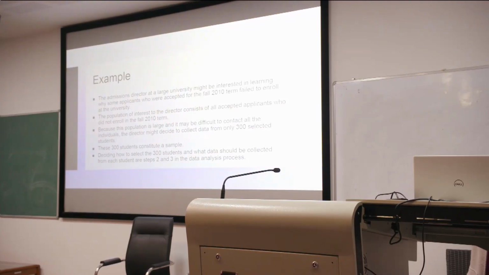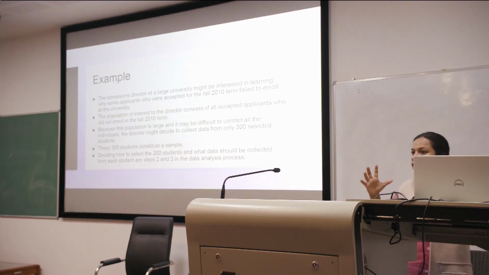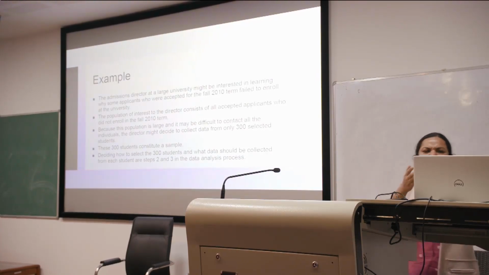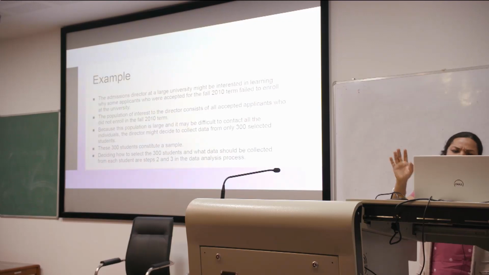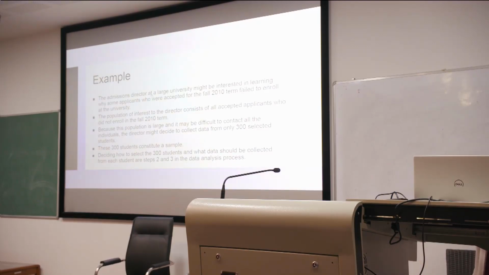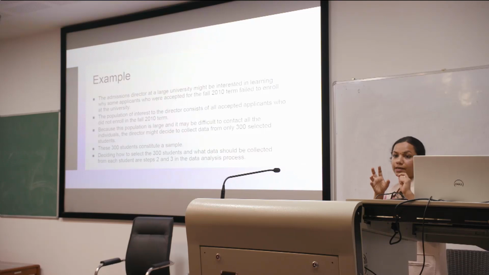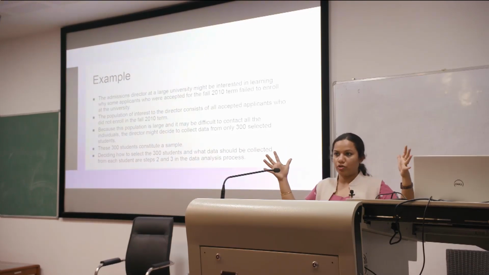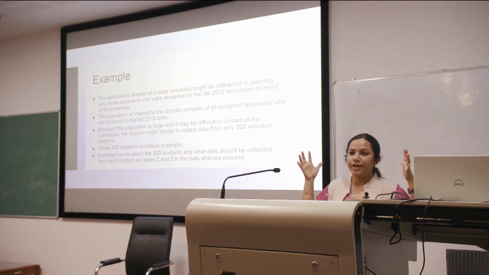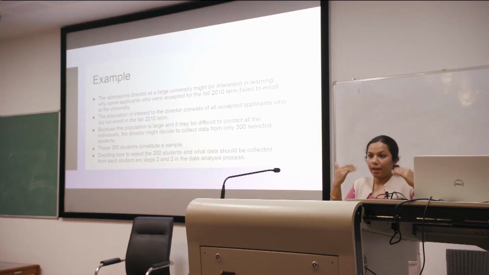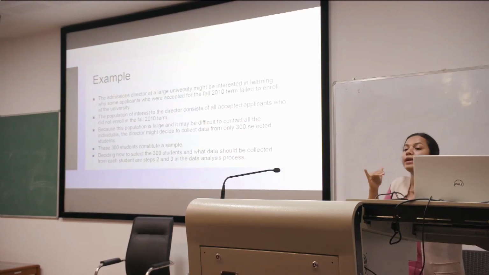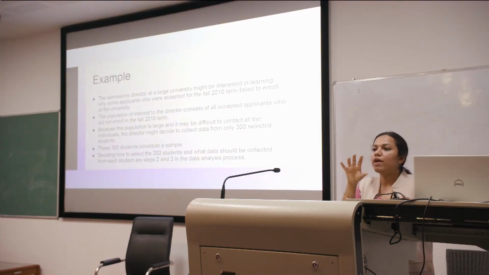Here is one more example. I think we need a lot of time for the second part, so I will tell just one or two simple examples. The admission director identified that the applicants accepted in 2010 were this many, but enrollment was not very high. Why is this happening?